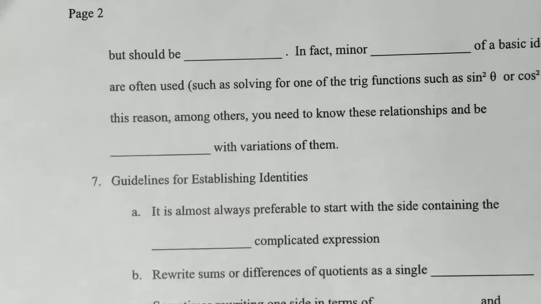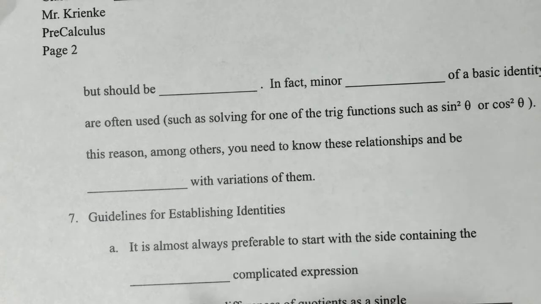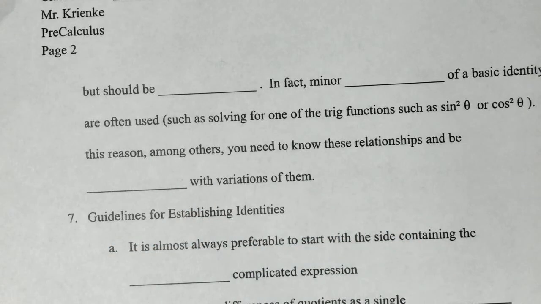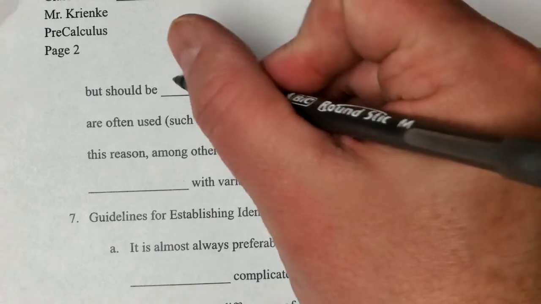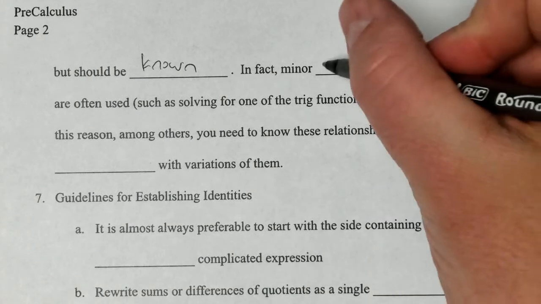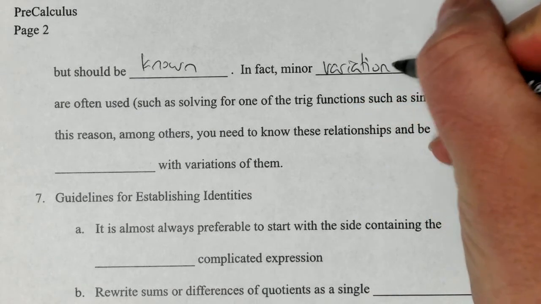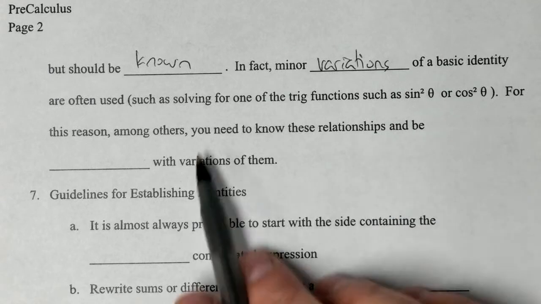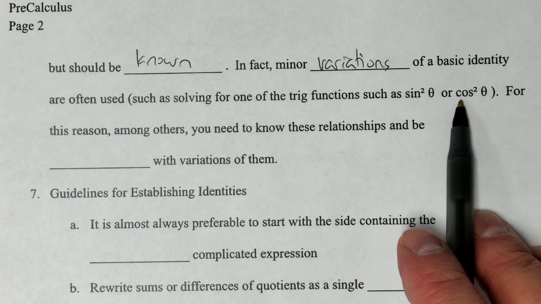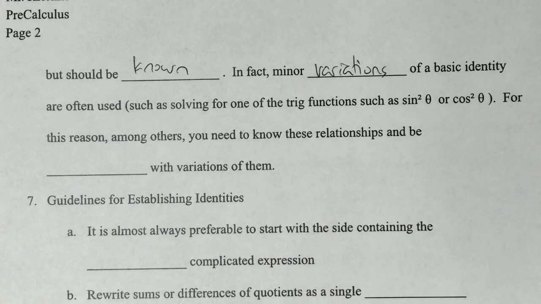Okay, on the back side, it says these identities should not merely be memorized, but should be known. In fact, minor variations of them are often used, such as solving for one of the trig functions, such as sine squared or cosine squared. I even saw one question where you're going to change 1 to be sine squared plus cosine squared.